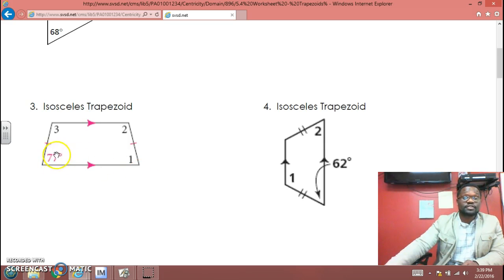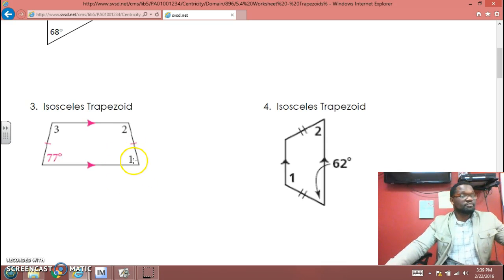So if this angle down here is 77, then angle 1 also has to be 77. So if both of those angles are 77, that means that these two angles have to be 206 added together.